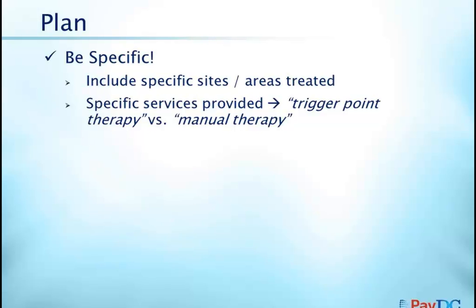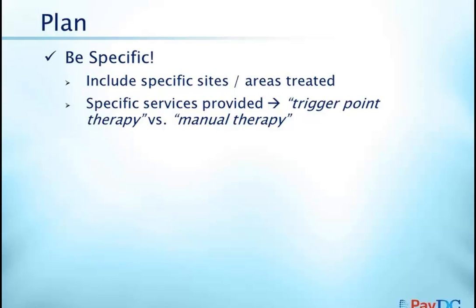So for example, manual therapy provided 15 minutes as per care plan. You don't have to write out all your goals and rationales for each service because you've already done it when you did your care plan. Saves you a bunch of time, but it still satisfies that documentation requirement for the specific services.